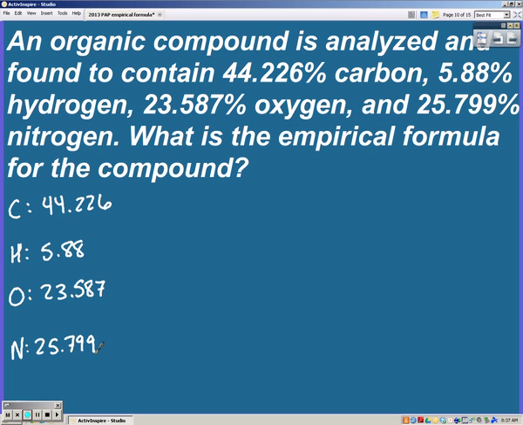Should divide it by the molar mass. So 12.01 for carbon, 1.01 for hydrogen, 16 for oxygen, and 14.01 for nitrogen.